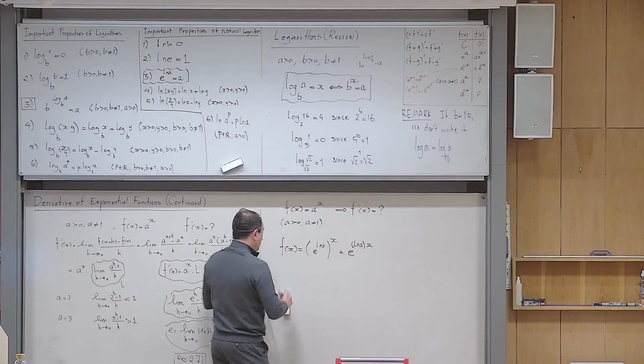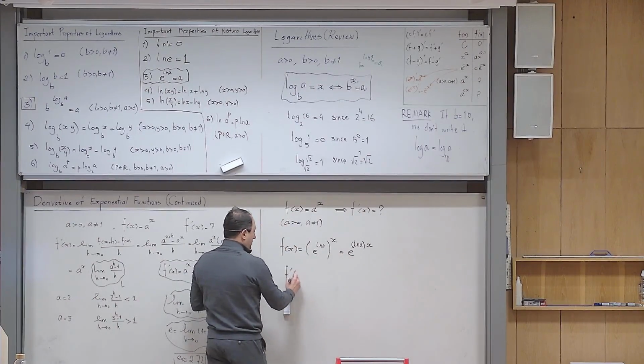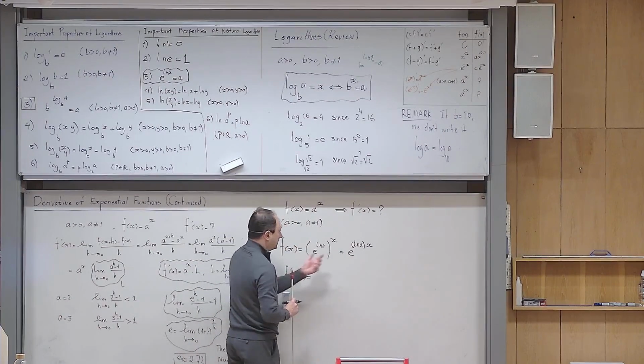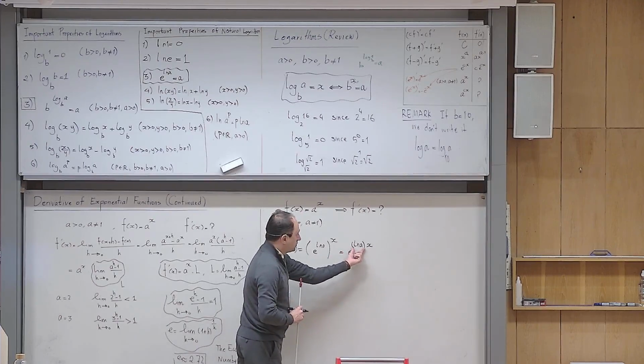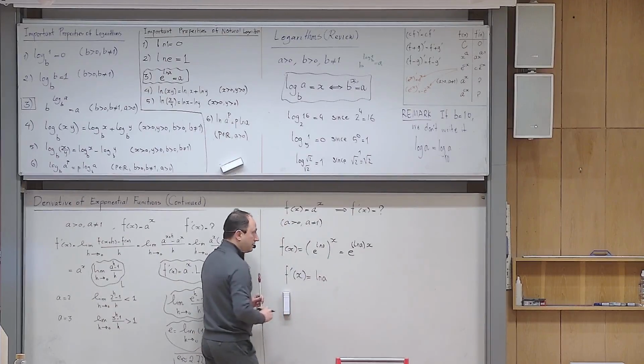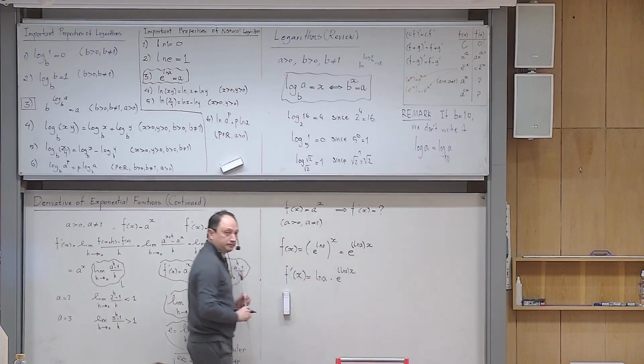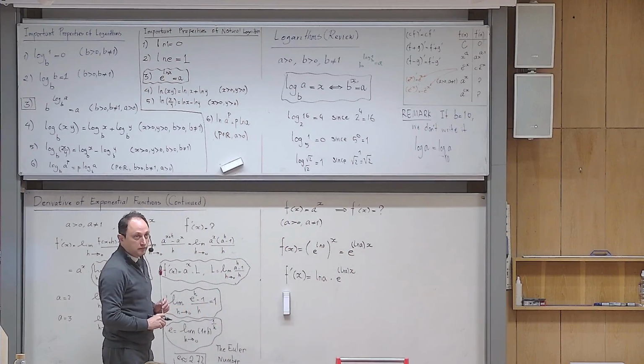So if I ask you, do you know the derivative of this function? You would say yes. What is the derivative of this function? This is playing the role of the constant, so it goes down. And then the function repeats itself. Do you agree?